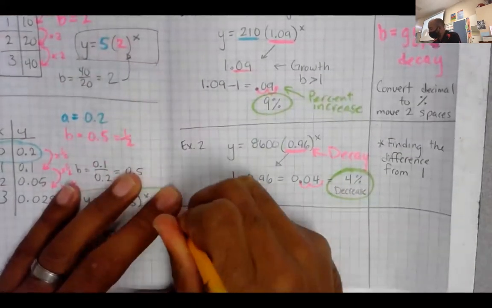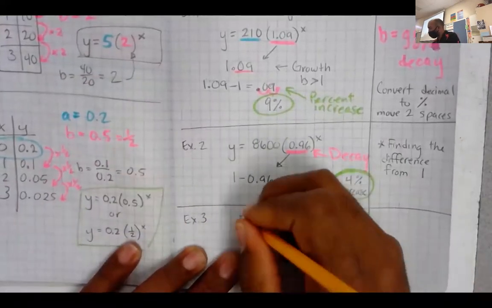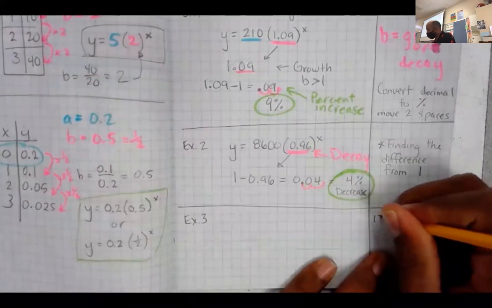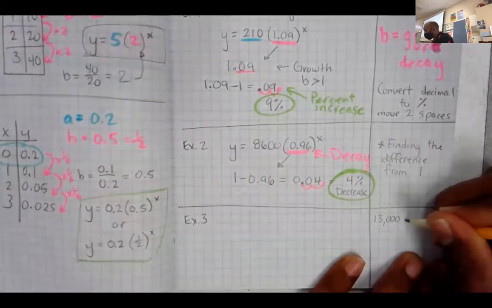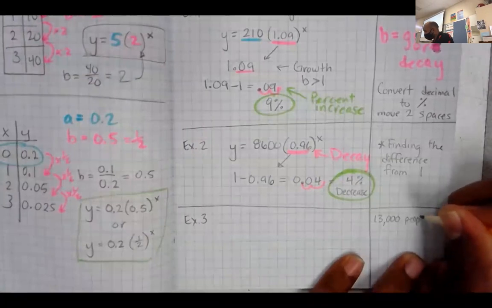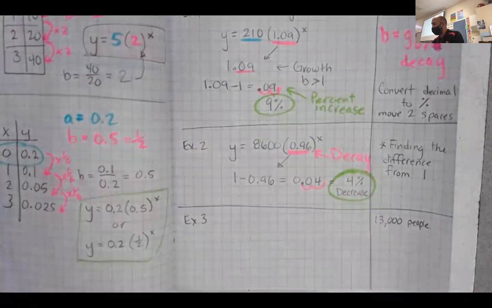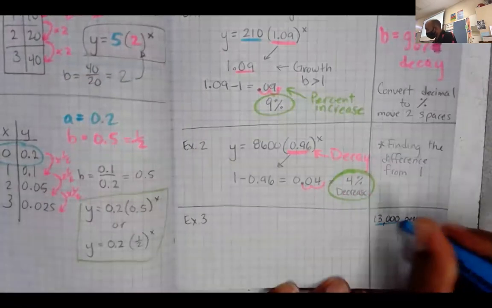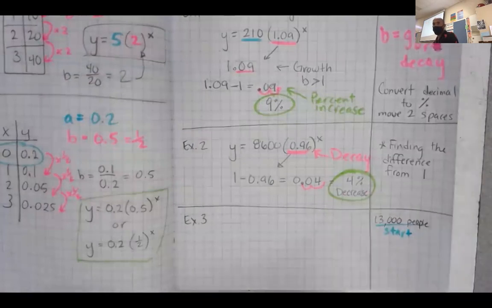Okay, so here we have 13,000 people. We'll put that over here, actually. Let's put 13,000 people. And remember, that's what we started with. That's our starting point. Okay, they start with 13,000 people.